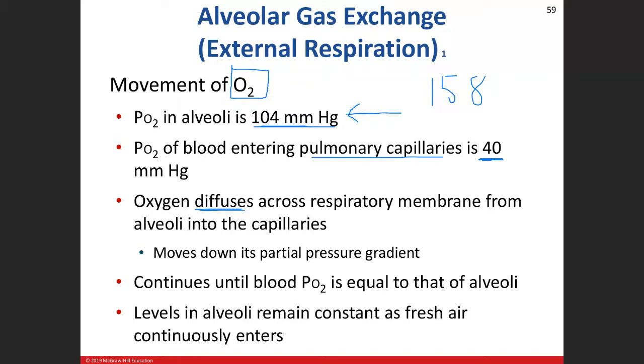That's what oxygen can do to the plasma membrane of the squamous cells that line the alveoli and the capillaries. It goes right through. So it's going to move down its partial pressure gradient, and this is going to keep happening until it has reached equilibrium. That will happen near the end of the pulmonary capillary with its connection to the alveoli. I'll show you in a picture here.